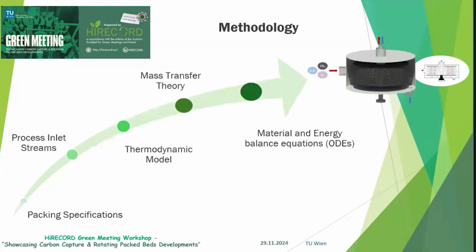The methodology used for designing an RPB starts with packing specifications, where, as Professor Lee explained, we have to identify the void fraction and the specific surface area of the packing. Then we move on to process inlet streams. For example, for the absorption, we have the lean solution and the feed gas, which enters the RPB.